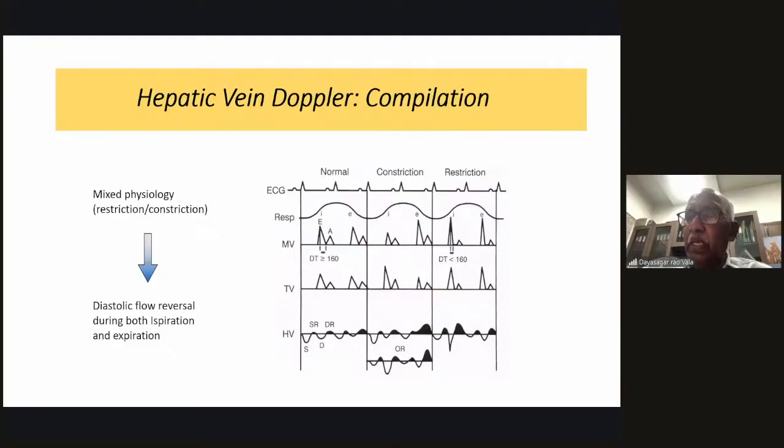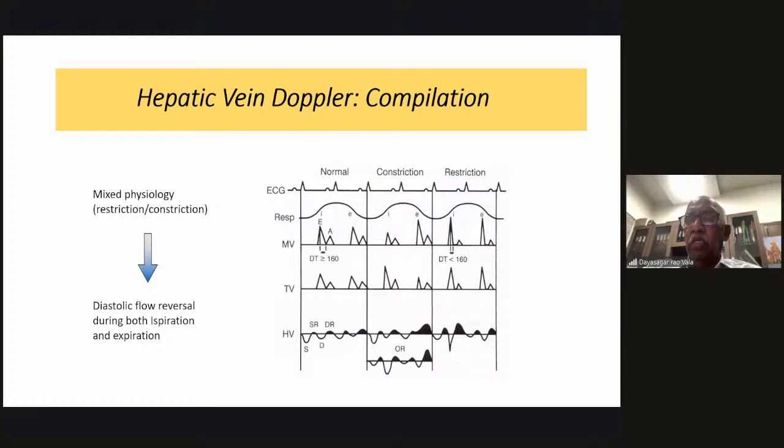But what is important here is during expiration, there is so much difficulty in forward flow that there is reversal of the flow in the hepatic veins during end expiration. This is the crux of the matter in differentiating normal from abnormal and constriction versus restriction. These respirophasic changes do not occur with restrictive cardiomyopathy, but they are exaggerated in constrictive pericarditis.